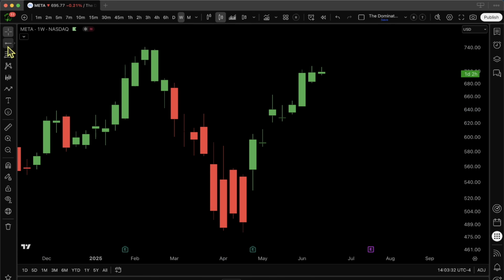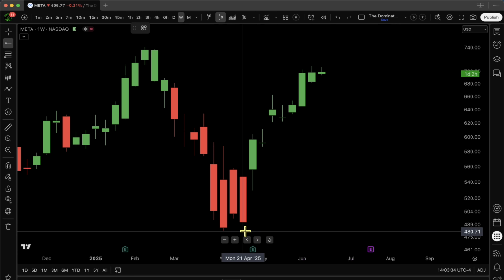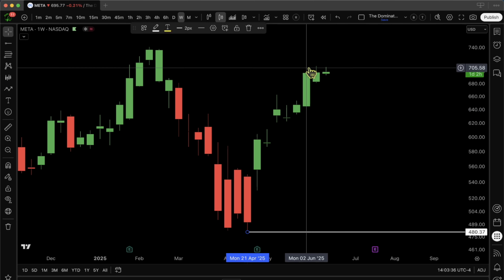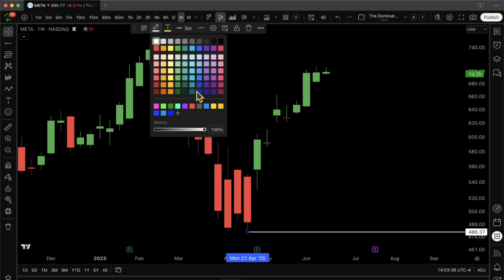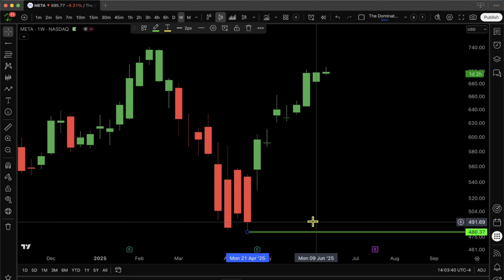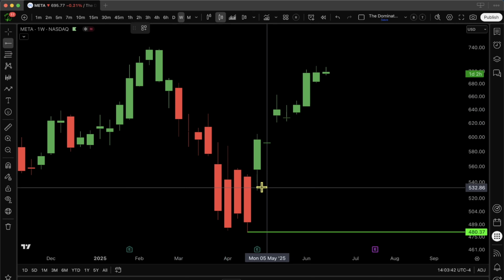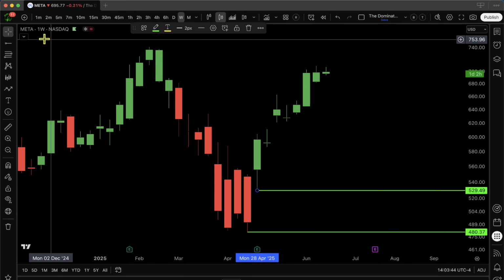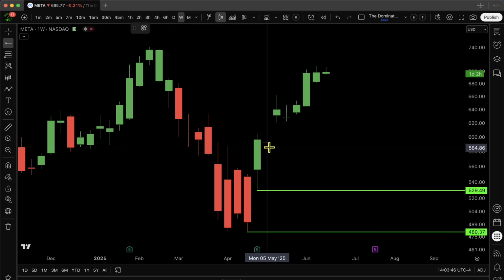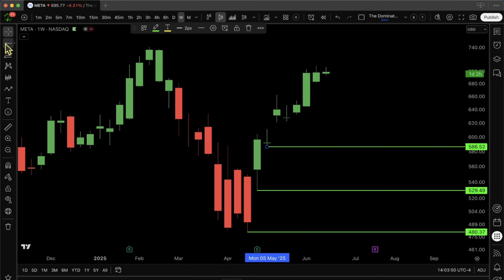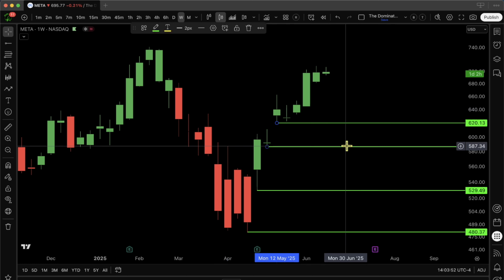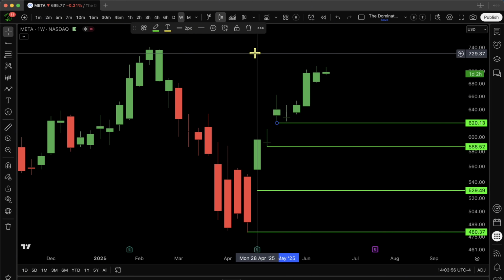Now, for this one again, I am going to mark these off, except I am not going to do white. I am going to do my traditional green, and I will mark off every area that is support for me. What I'm looking for again, remember, is that wick or multiple wicks of actual support.